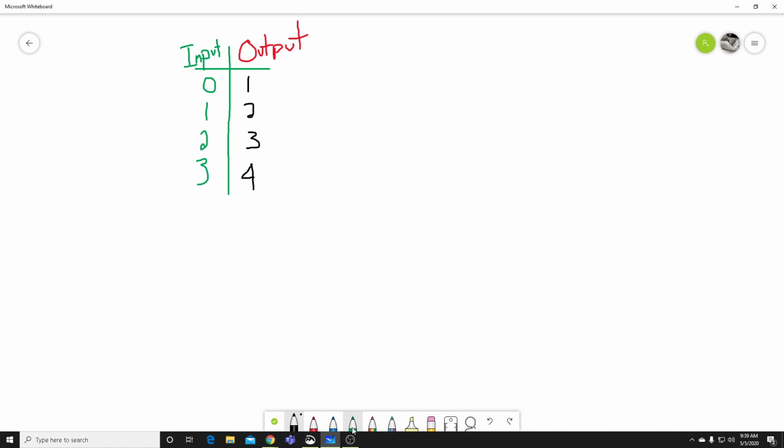Remember, we're calling our inputs x and our outputs y. Remember, with this type of table, we always have a rule, and that rule is our equation. And we'll come back to that idea in a little bit. So a function, something just like this.